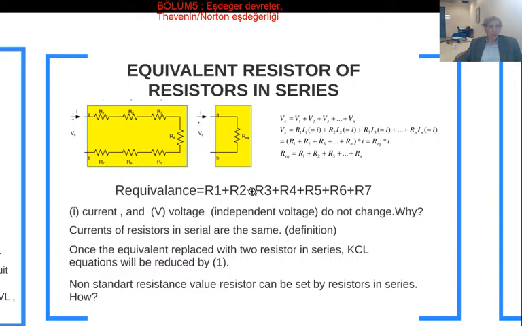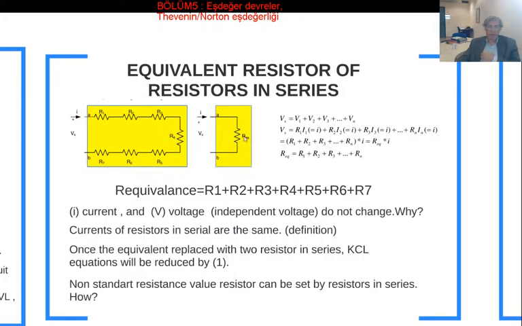How are we going to prove it? Easy, because from the equivalency we know that when you replace this one with this one, this current is not going to change, because this current is equal to the negative of this independent voltage source, which is outside of your equivalency circuit. So we are going to prove that we have these currents equal when you replace these resistors.